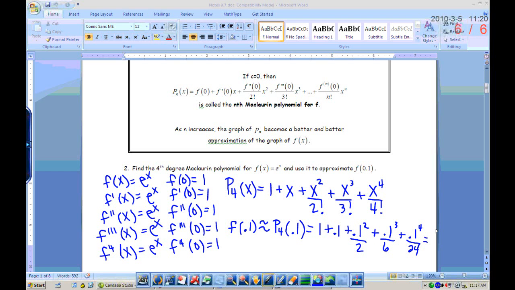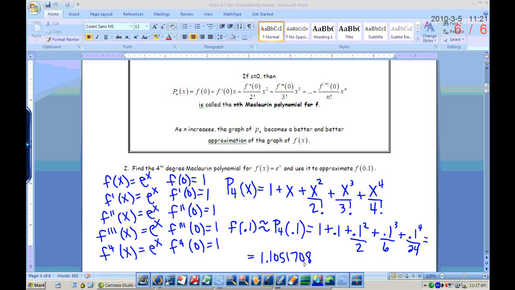And to save us time, I am going to tell you that that approximation is 1.1051708. Now, you're only required to go to 3 decimal places, but on this section, I tend to put a lot of decimals out. I don't know why.